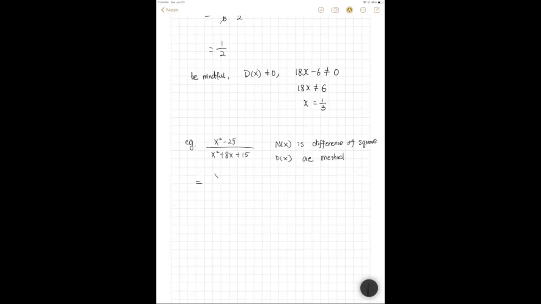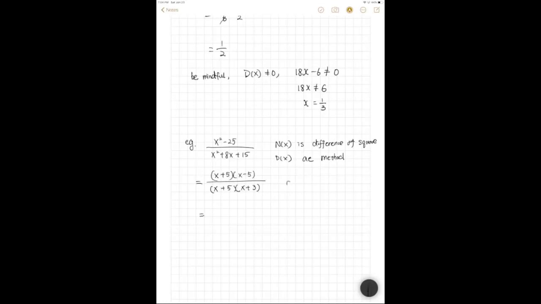So on the top, we have x plus 5 times x minus 5. For the bottom, use AC method. 2 numbers multiplied together equal 15, and then 2 numbers added together equal 8. Well, 3 times 5 equals 15. 3 plus 5 equals 8. So the two numbers we're looking for are positive 5 and positive 3.